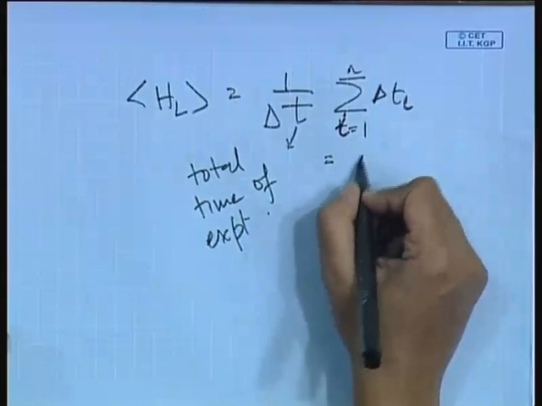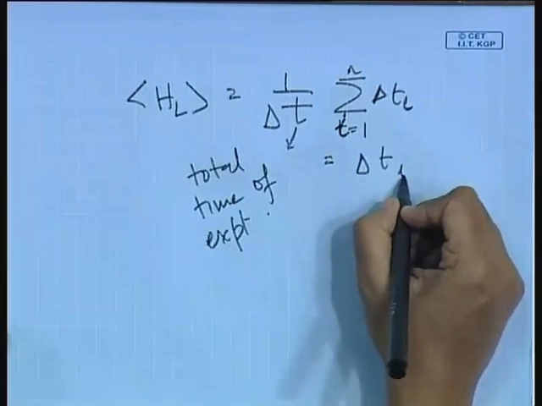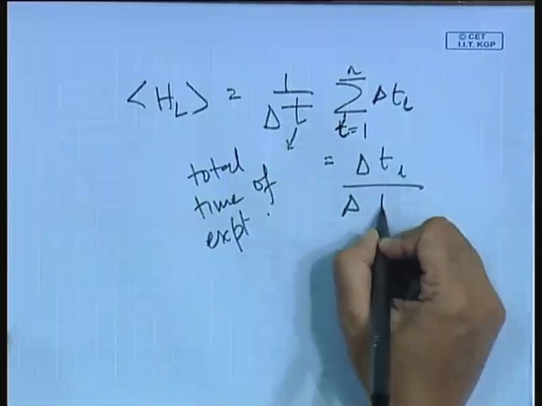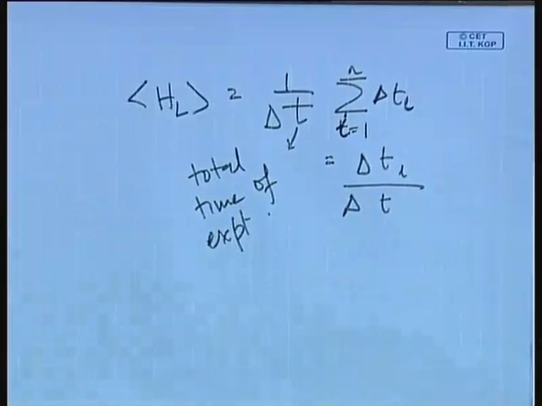Okay. Or in other words, this gives you delta t_L by delta T, the total time of experiments.